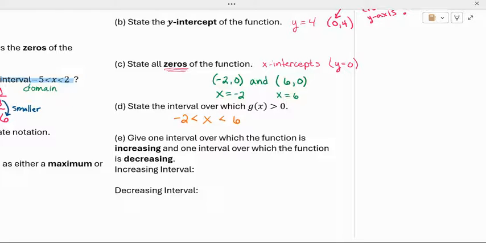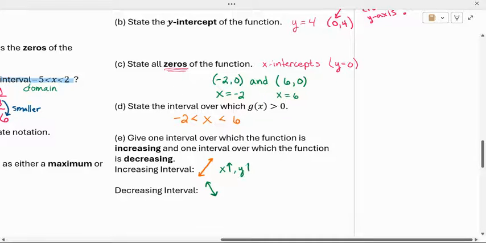So now we have to talk about when the function is increasing or decreasing. Remember that increasing, my graph goes like this. Decreasing, my graph looks like this. Increasing, as x gets bigger, y gets bigger.